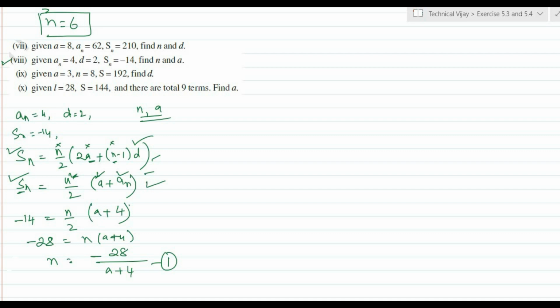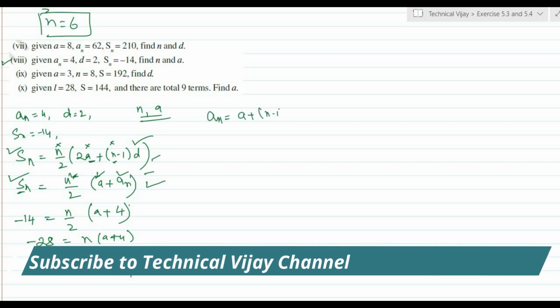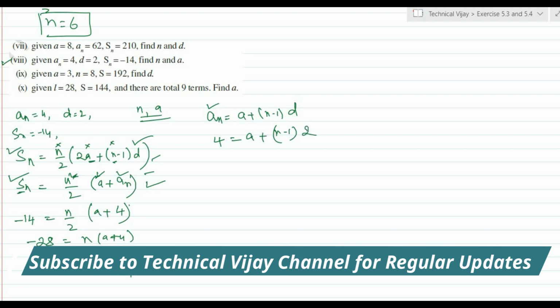Now we know that An is equal to A plus N minus 1 into D. An we know, that is 4, is equal to A plus N minus 1 into D, which is 2. So now what we have to do? We will substitute this N value in this one.